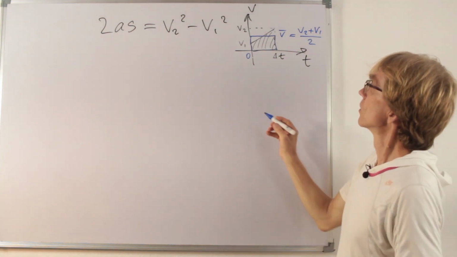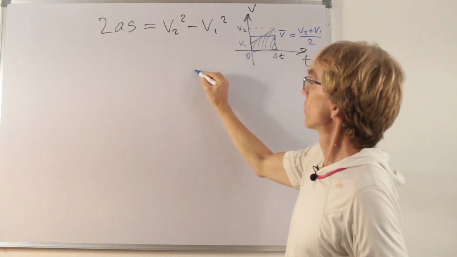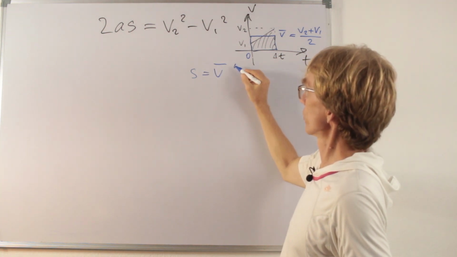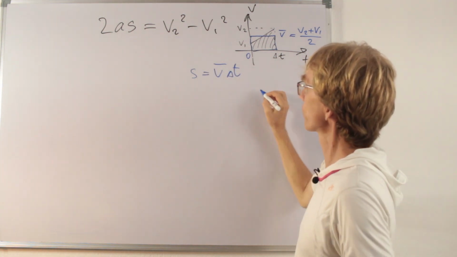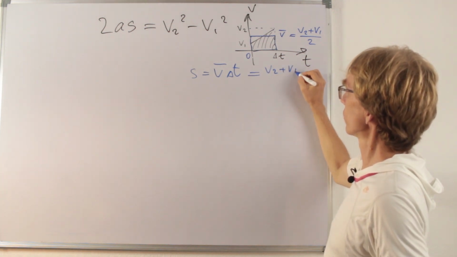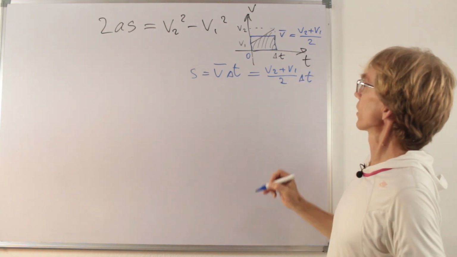So we have one formula which we can already use for displacement. Displacement is average velocity by time, which is in turn v2 plus v1 over 2 multiplied by the time taken.